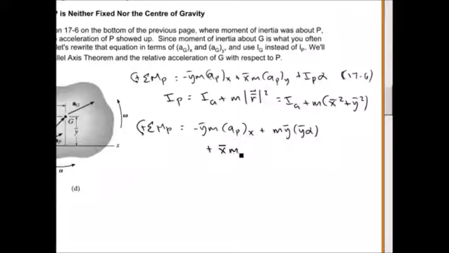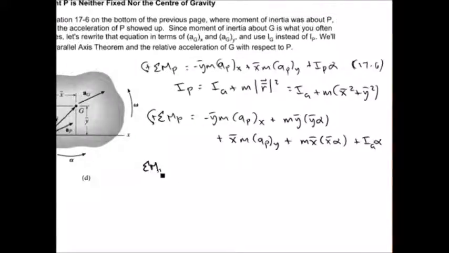We had originally an x bar m AP in the y direction. The parallel axis theorem is going to give us an m x bar times x bar alpha. And there's the IG alpha from the parallel axis theorem. So if we look at the first two terms, we've got y bar m outside of minus apx plus y bar alpha. We also see that we have x bar m in the third and fourth terms.